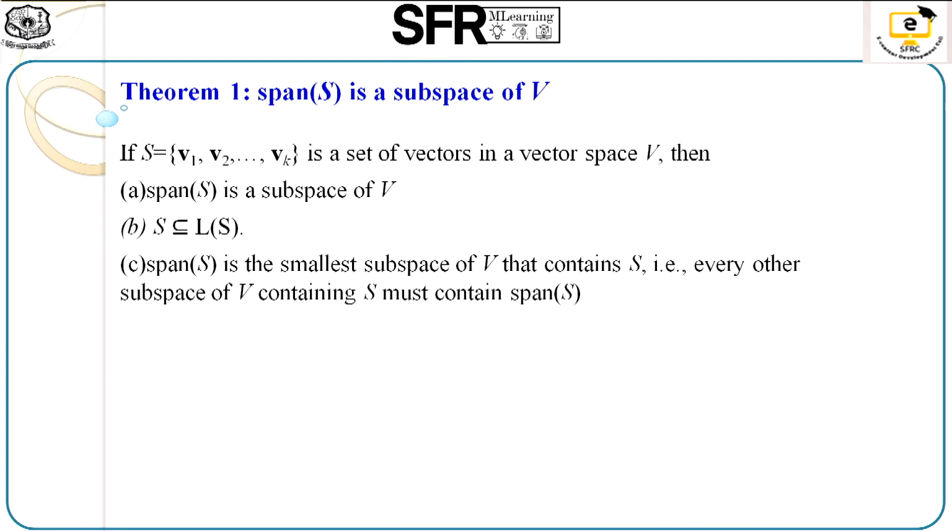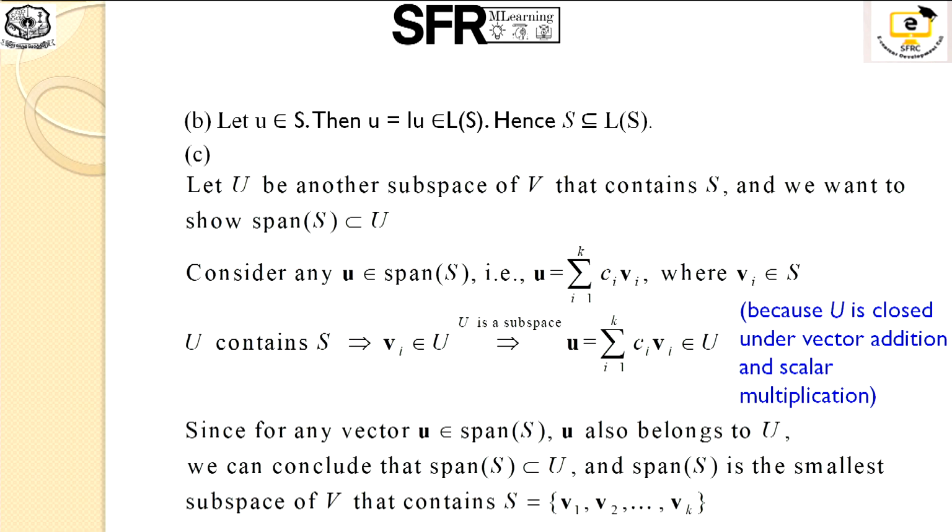Third one, here we will prove span of S is the smallest subspace of V that contains S. So, we take an element u belongs to span of S, that is u equal to linear combination c1 v1 plus c2 v2 plus etc. plus ck vk, where vi's are vectors and ci's are scalars. U also contains S, that implies vi, which is also in U, since U is a subspace.